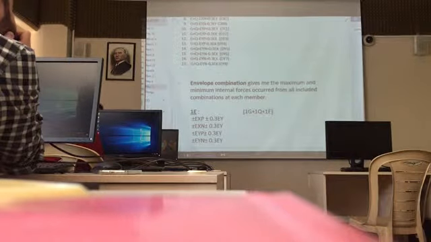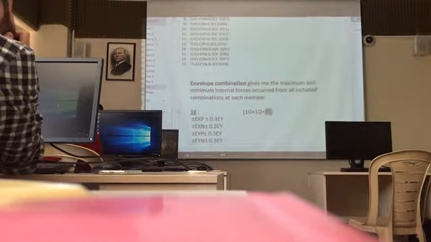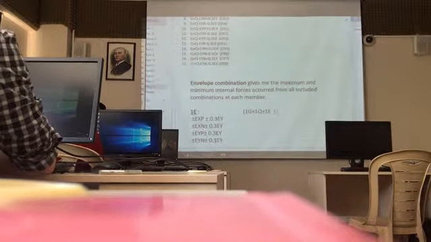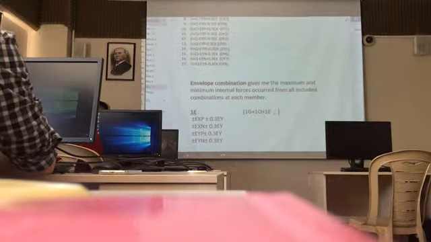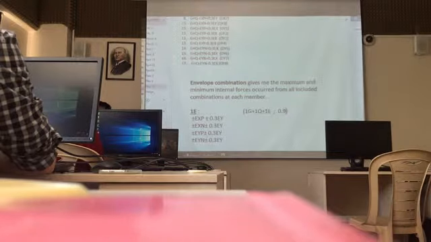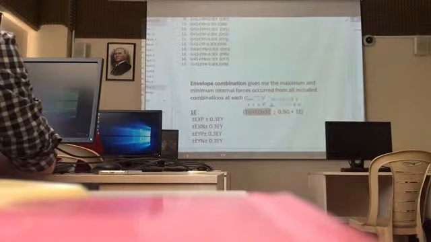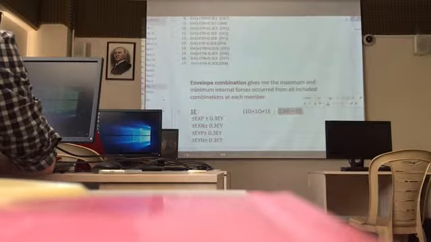Okay. This 1E is this one. Plus, or let's put a semicolon here. 0.9G plus 1E. Now here I have 16, and for this case I have another 16. How many load combinations we have? 32.